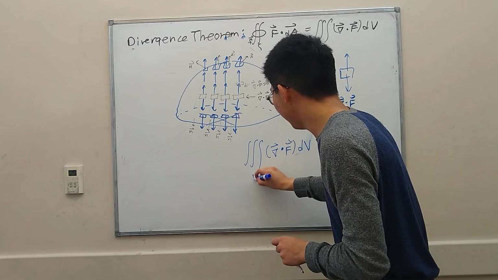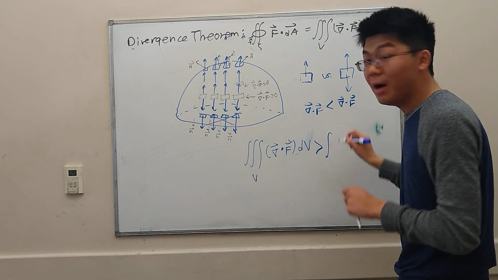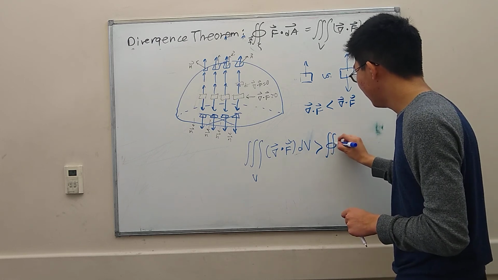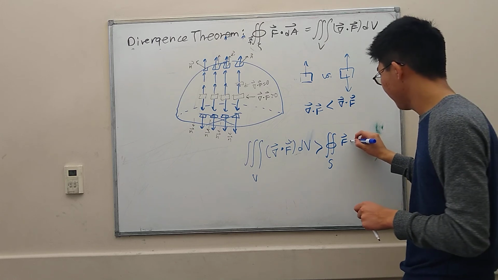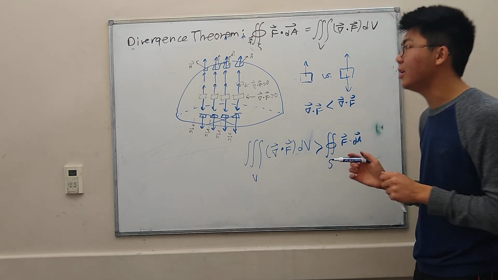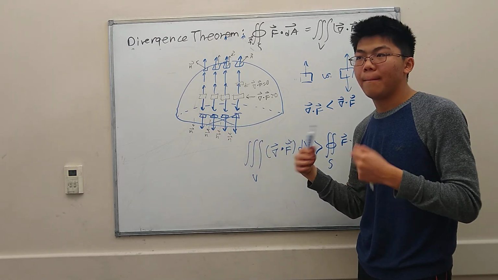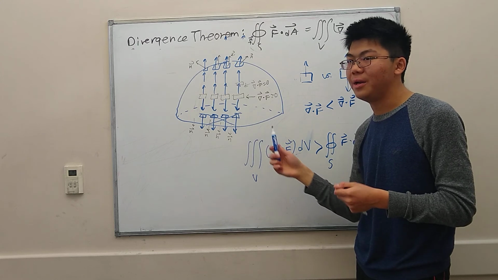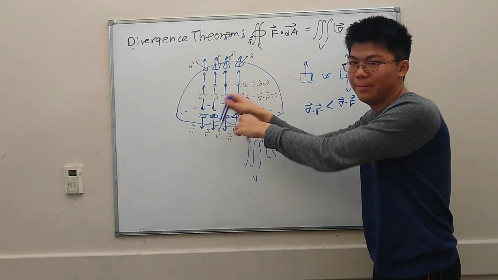So here's our surface integral. Its value is actually going to be much greater than the surface integral. Its value is going to be much greater here because in our problem, we don't have a disk at the bottom. So there's no flux to be calculated along the bottom.